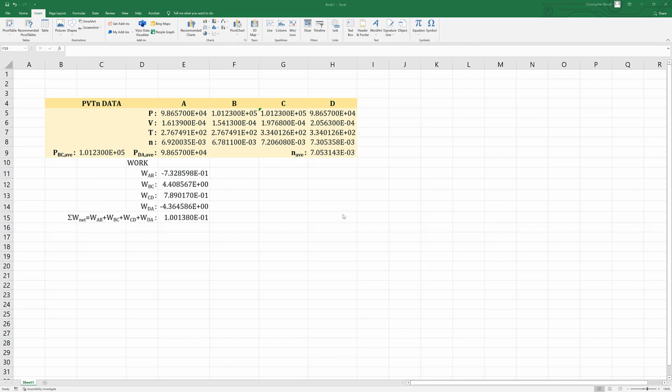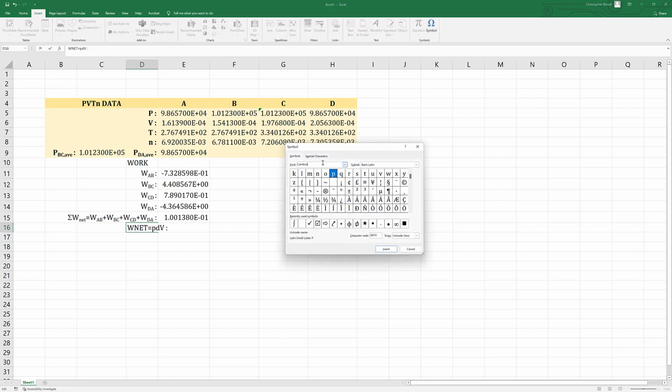For the second approach, we're going to integrate the area under the graph in Capstone. So in this cell, go ahead and type in WNet equals integral PdV, space colon. Put your cursor in front of the P, click on Insert Symbol, specify the symbol font family, and for me, if I scroll all the way to the bottom of this symbol font family, I see the integral symbol.